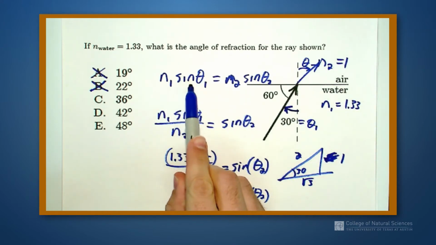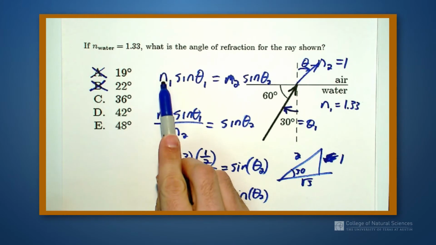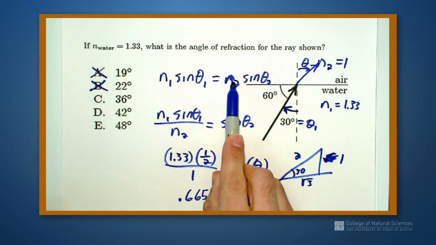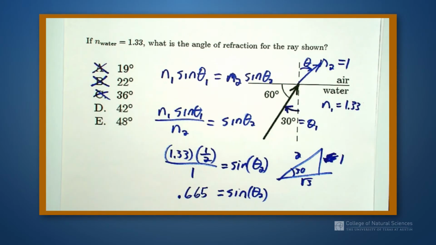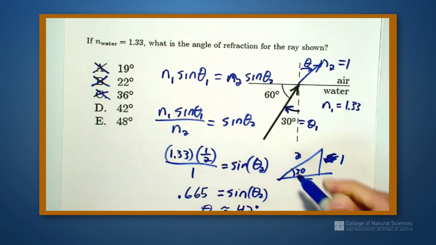So as I go from high index of refraction with low angle to low index of refraction with high angle, I'm going to take a guess that it's going to be one of those two results. And when you plug this into a calculator, we'll see that theta 2 is approximately equal to 42 degrees.